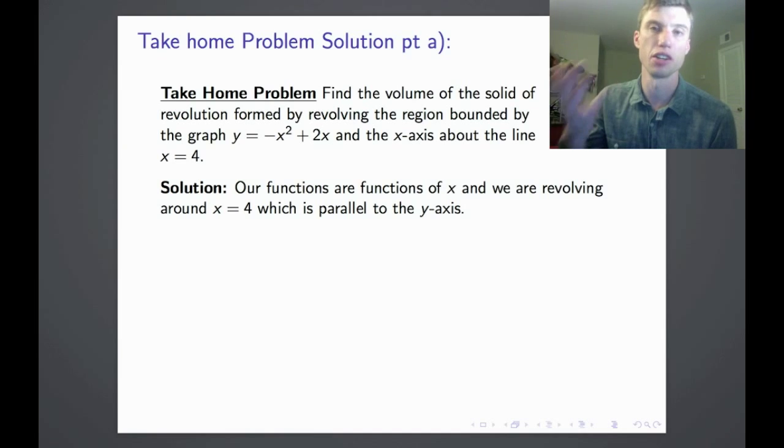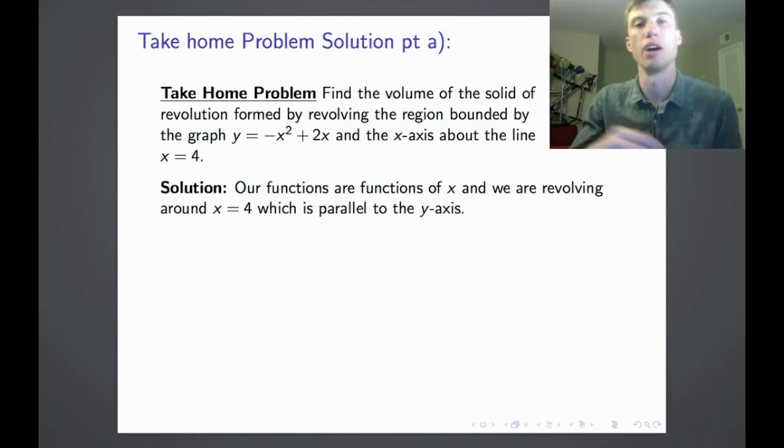So we're given functions, they're functions of x. And we're revolving this region about the line x equals 4. Now think about x equals 4. X equals 4 is parallel to the y-axis. So it's like we're revolving around the y-axis. So if we want to integrate with respect to x and we're revolving around something like the y-axis, we need to use the shell method.